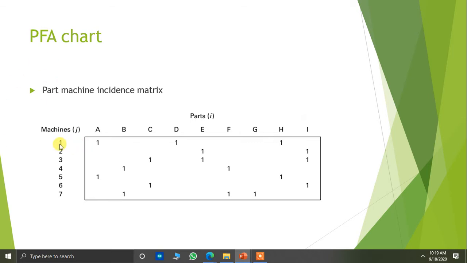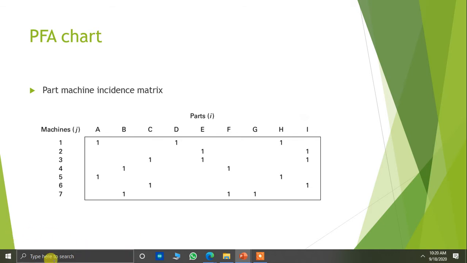Just have a look at this. Machine 1 is manufacturing part A, part D and part H. Like this your machines are sorted according to your parts. Machine 7 is producing parts B, F and G.